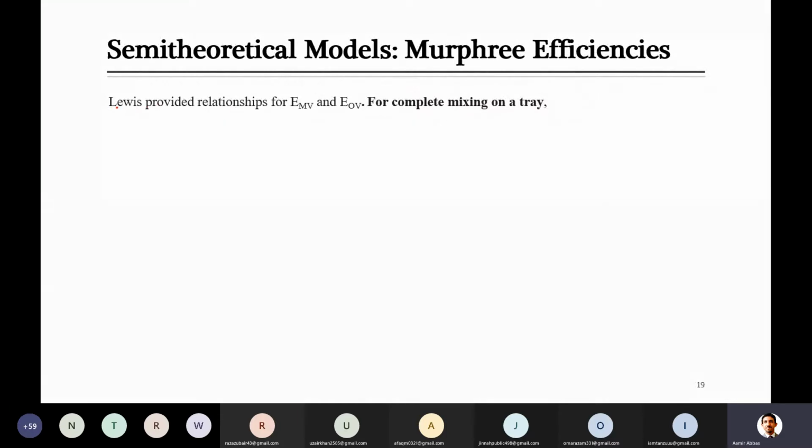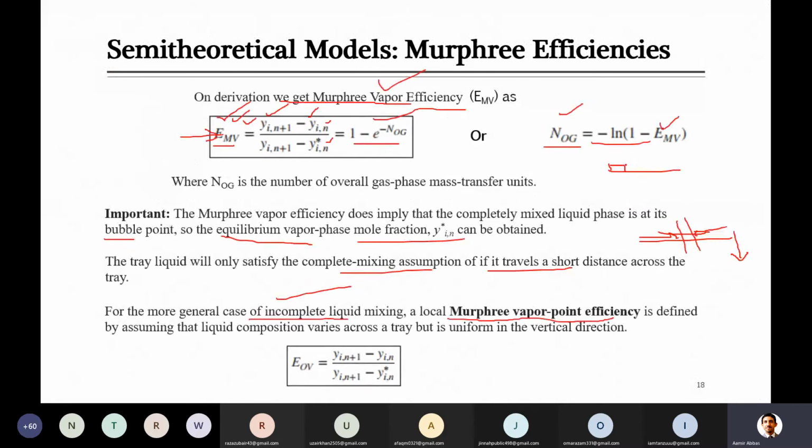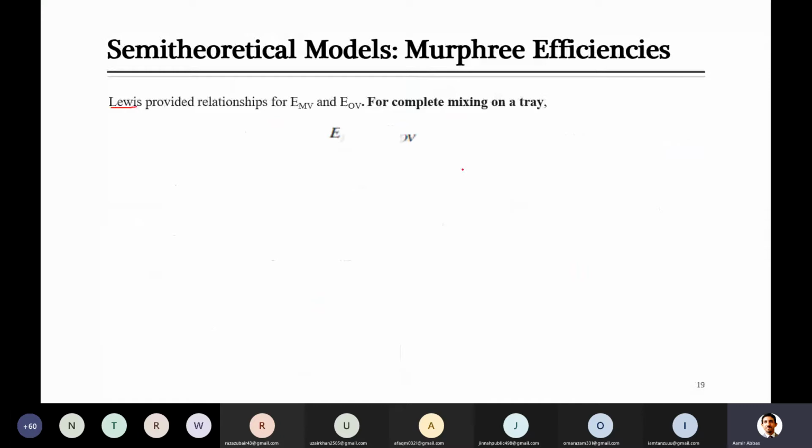The scientist Lewis suggested that when there is complete mixing on the surface of the tray, if you find the efficiency at various points of the tray, suppose I find efficiency here, here, and here, on a number of points on the surface, and the liquid is well mixed, then the efficiency at each point will be equal to what we call the Murphy vapor efficiency, or overall efficiency, on the tray.